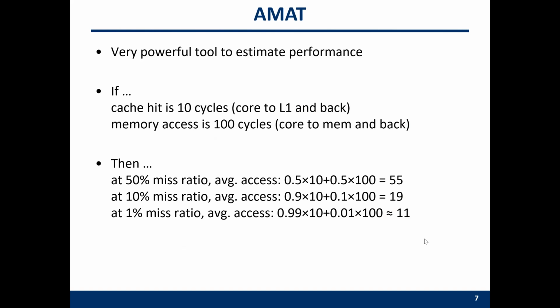So when you have a 10% miss rate, 90% you read your data from the cache, and 10% you read your data from memory. And if the miss rate is only 1%, for 1% of the time you read your data from memory, then 99% you read the data from the cache. So you can see that by decreasing the miss rate, you reduce the average access latency.